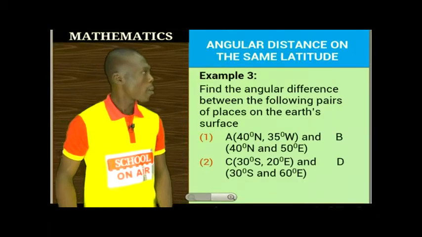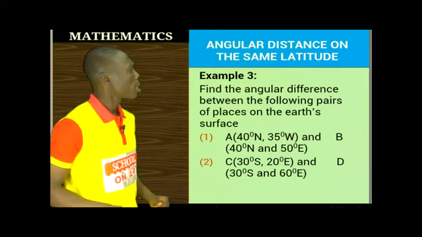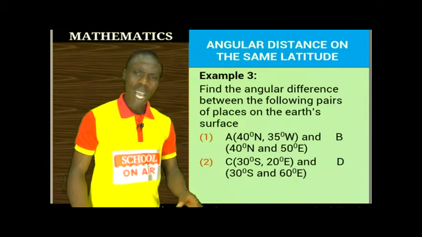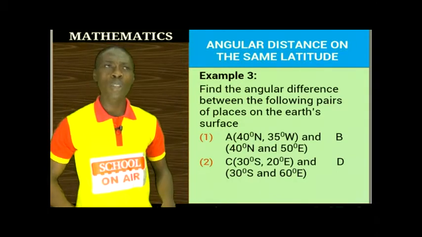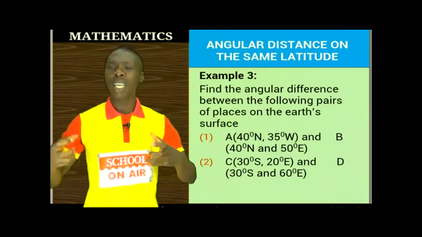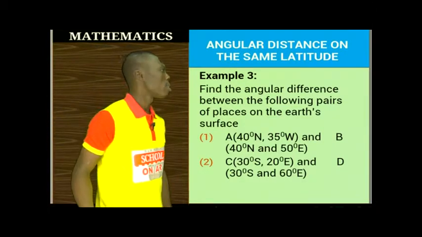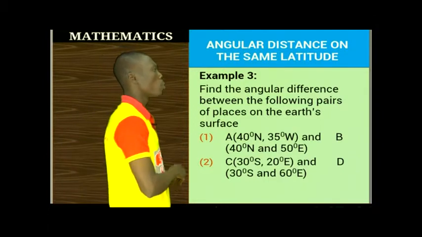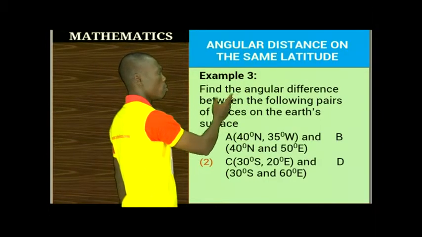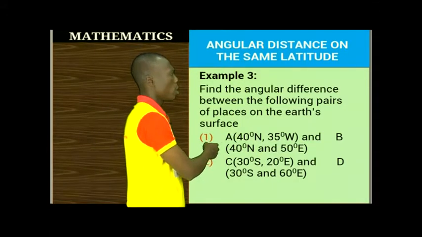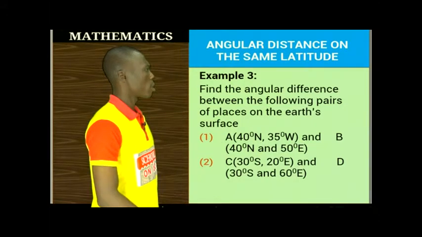All right, now, apart from that, let's quickly look at angular distance on the same latitude. We've looked at angular difference, and we said the angular difference will help us in determining the distances between two positions on the Earth's surface. So we want to look at angular distance on the same latitude. So we look at this example. This one is asking us again to find the angular difference between the following pairs of points on the Earth's surface.